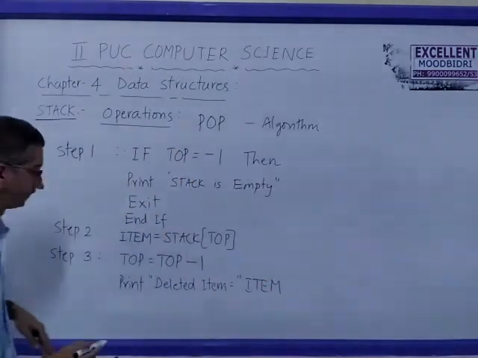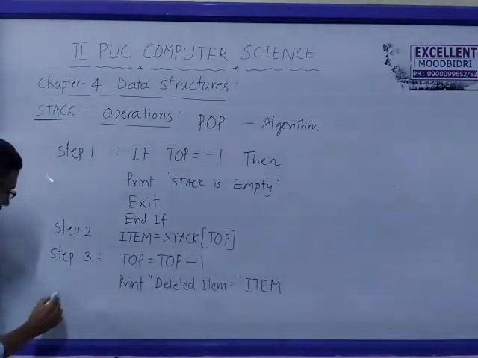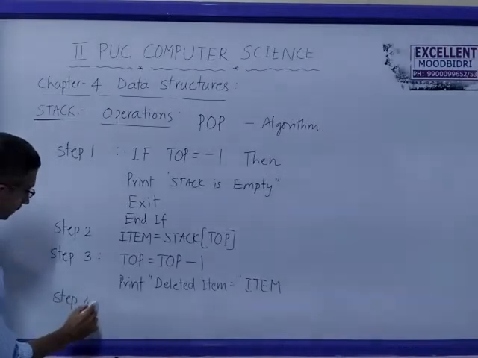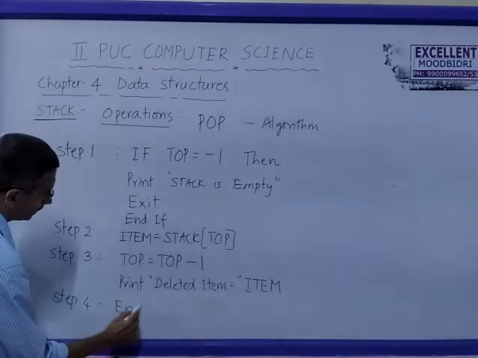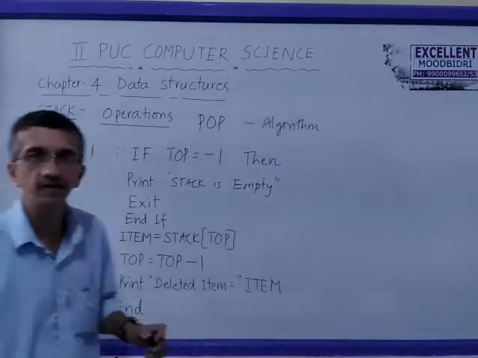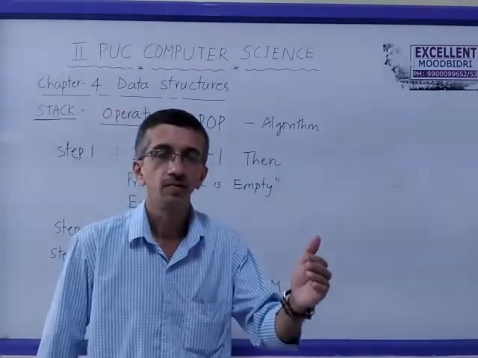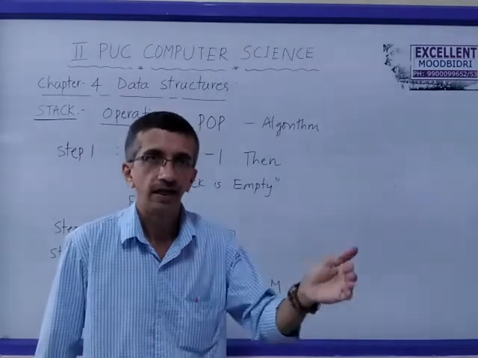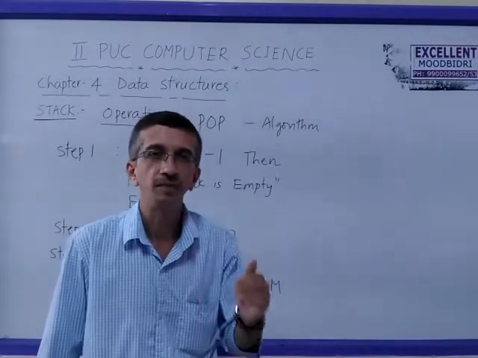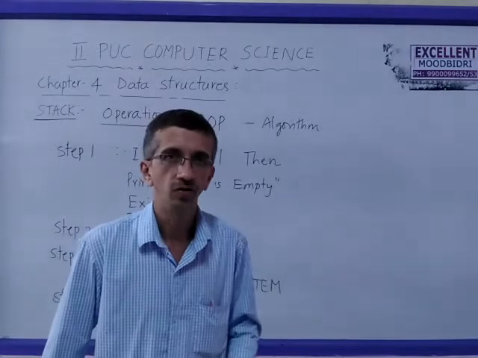You can print it. So next, step 4: end. Decrementing the top means the item at the top becomes out of reference and the one previous to it becomes the topmost item available on the stack.